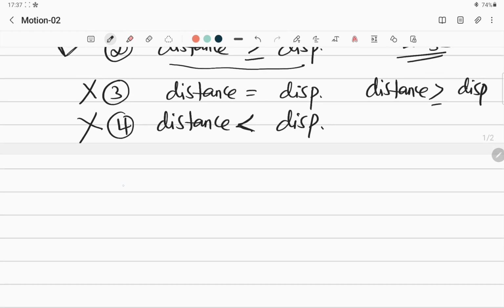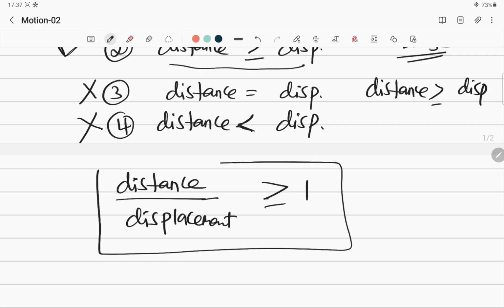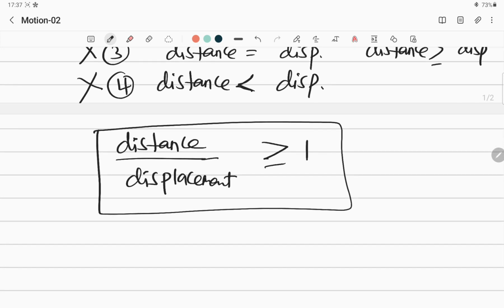All right, there can be one more question. For example, distance divided by displacement. Distance divided by displacement means this value is always greater than or equal to 1. This is very, very important information I'm giving you here. Why? Because distance is always more than or equal to displacement.